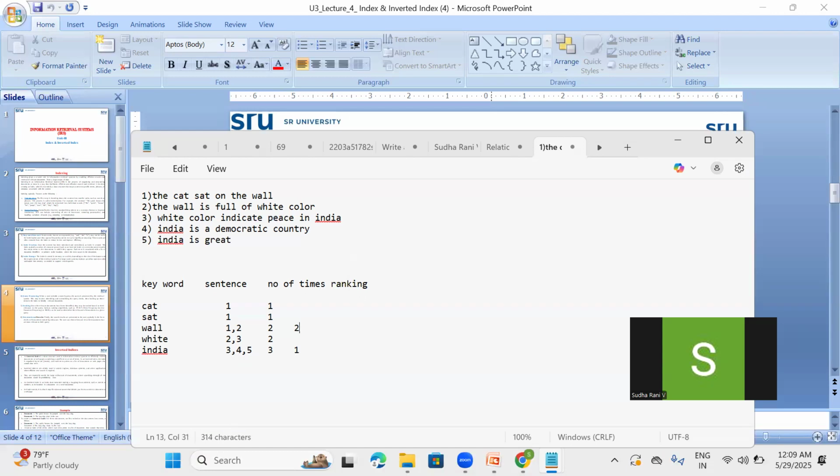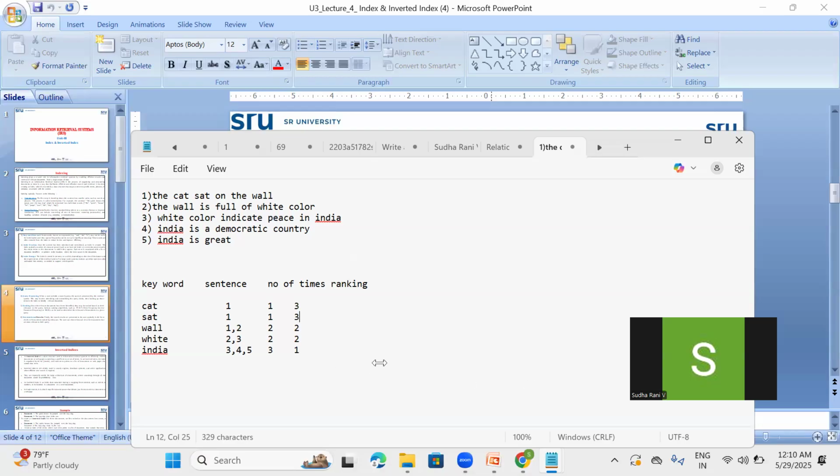This rank 2. This rank 1. Sorry, rank 3. This is also rank 3. This is the way we are going to do the ranking of any sentence we are taking.